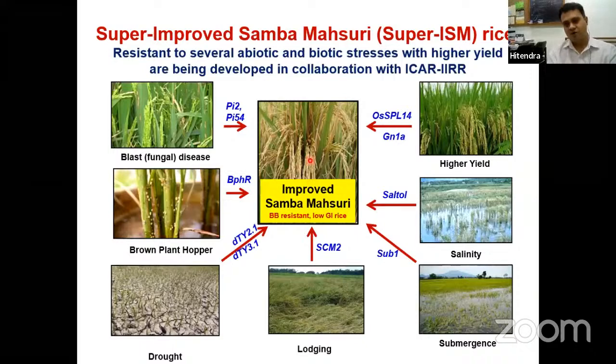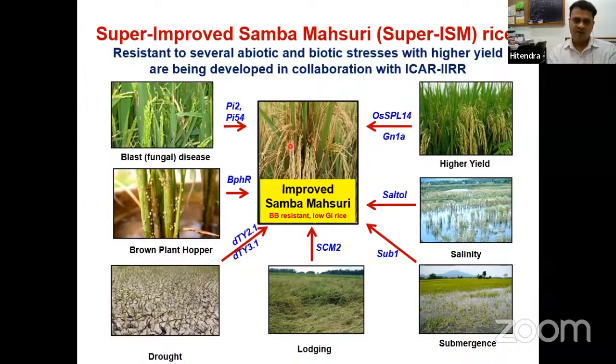Now, through marker assisted selection, we are bringing in genes related to many other diseases like blast disease, which is a fungal disease, insect pests like brown plant hopper, then abiotic stresses like drought, lodging, submergence, which is a flooding situation, and salinity, like near the coastal region because of sea water, and also for high yield.